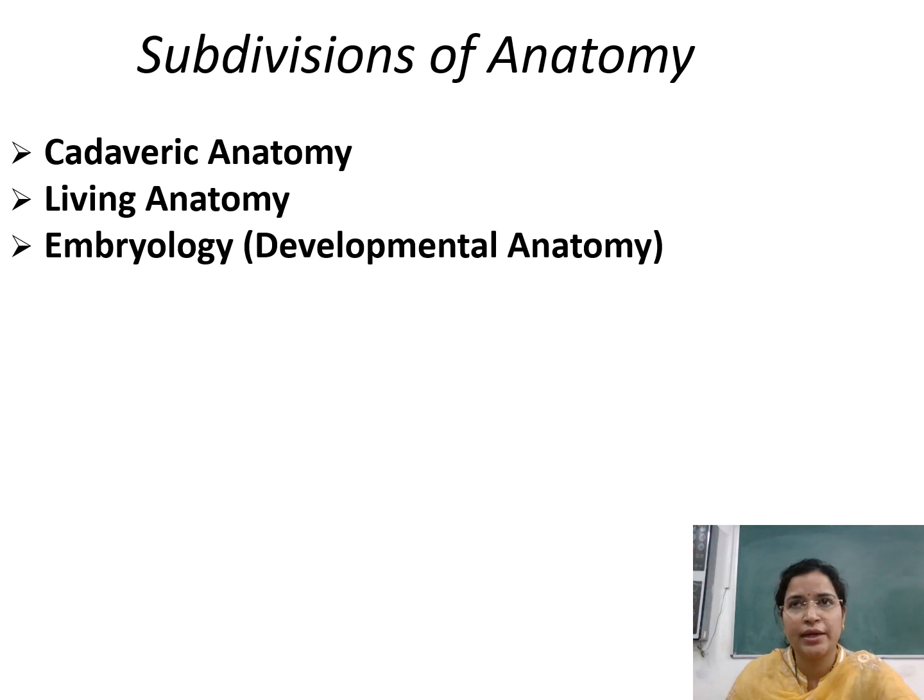The complete human gestation period is 38 weeks plus or minus 2 weeks, which is the normal human gestation period.